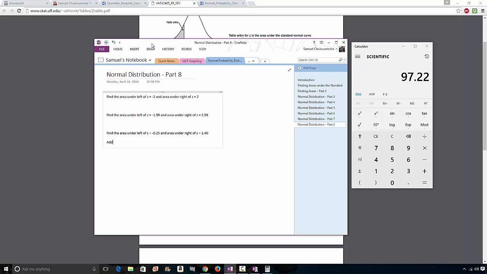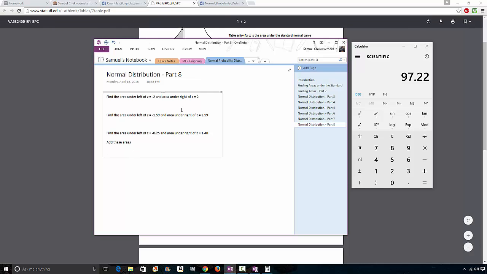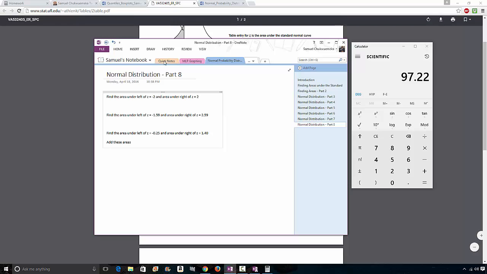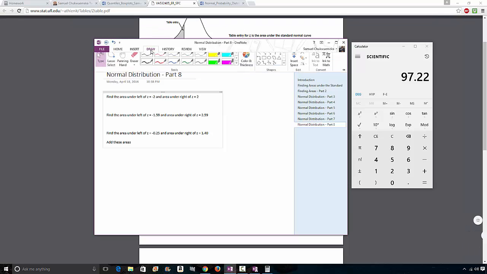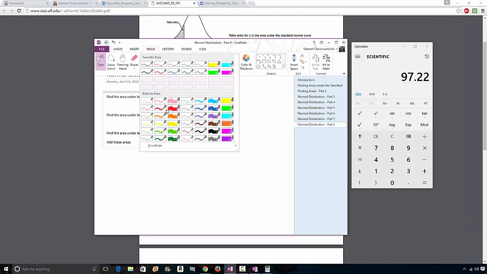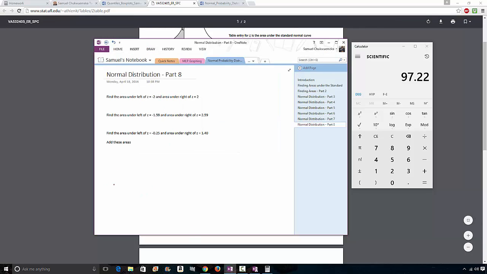Okay, add these areas. Find the sum of these areas. Let's just do this and then we will stop here and do more in subsequent videos.